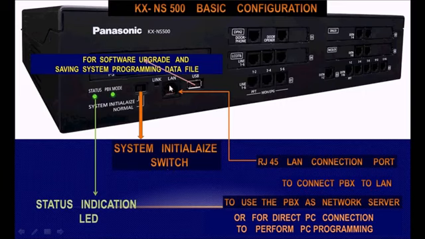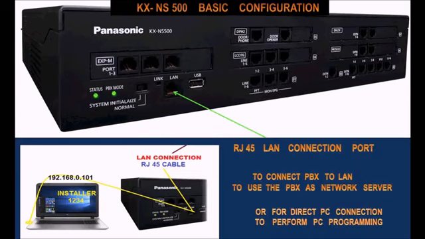Now we will go to the LAN connection. We initialized the system, and we will now go to how to program the system. To go inside programming, you must use a standard RJ45 straight cable from the LAN port on the main unit to your laptop or PC.